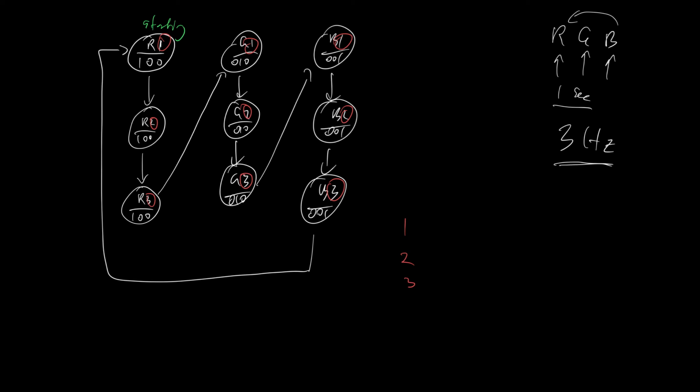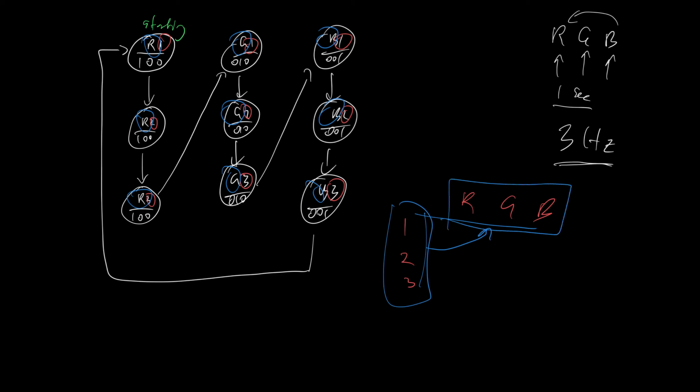And we'll have our second finite state machine going from R to G to B, corresponding to R, G, B, R, G, B, R, G, B. So we've got 2 finite state machines, and we'll have one of them controlling the other. The one doing the counting, 1, 2, 3, can tell this finite state machine when to move from red to green, and when to move from green to blue, and when to move from blue back to red.